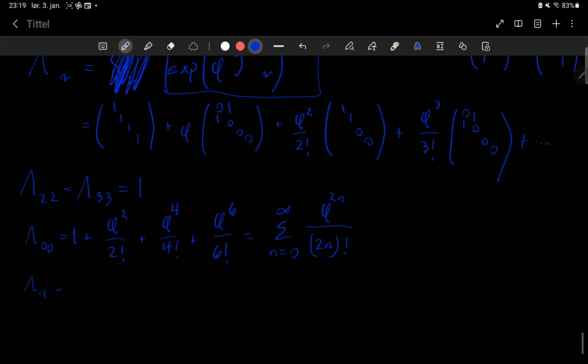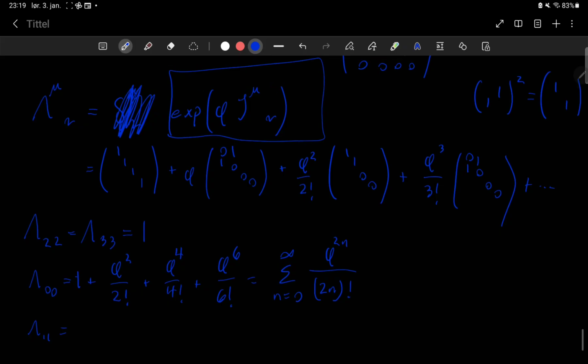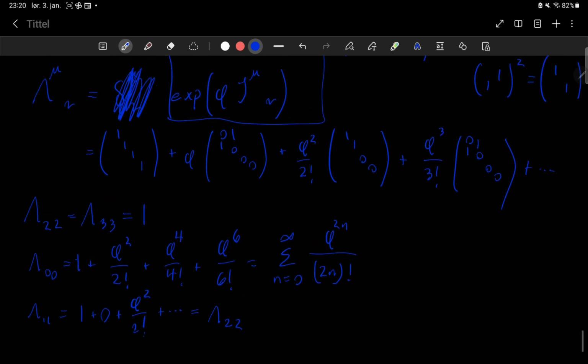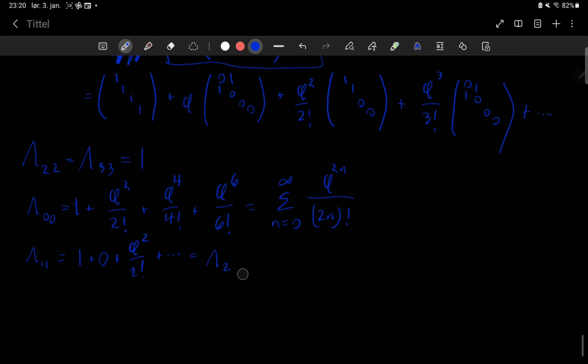Now let's try 1, 1. That gets 1 plus 0 plus, it's the same deal. That's very good because we want space and time to be on equal footing. Oh, not 2, 2, I meant 0, 0.